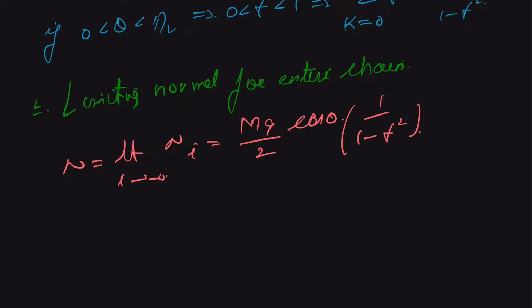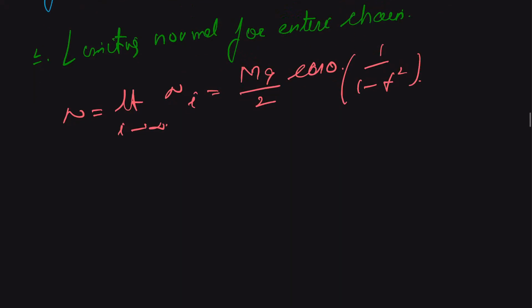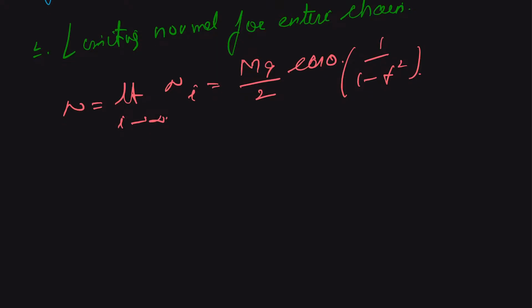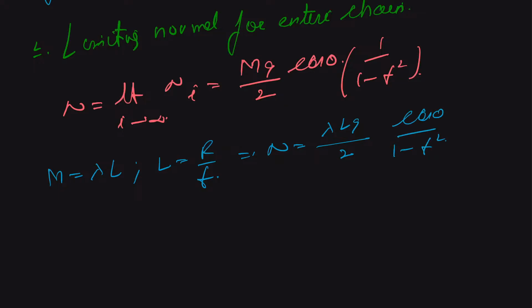And now most of the things are done. We only have to substitute some relationships. We know that m is equal to lambda times L, and L is equal to R upon T. Therefore, we can say that our normal is equal to, in place of mass, lambda L g upon 2, and this comes as cos of theta 1 minus t square.